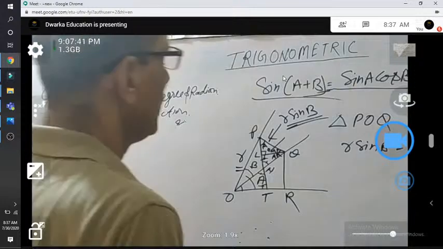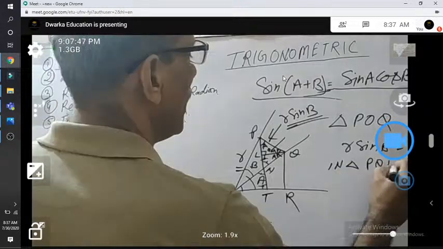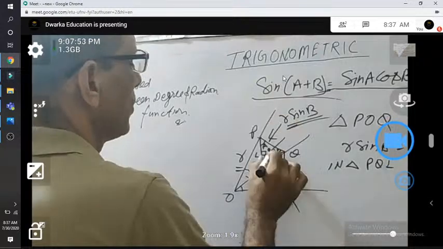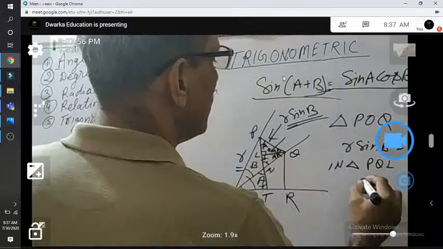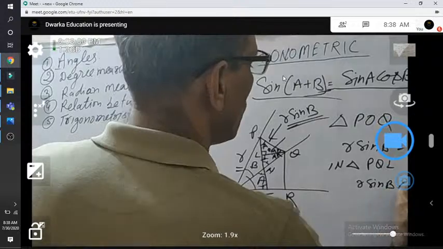And in triangle PQL, this is perpendicular, this is base. Then R sine B into cos A is equal to PL.